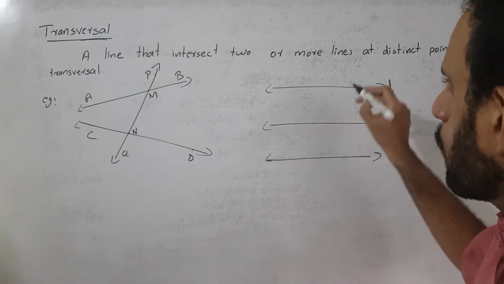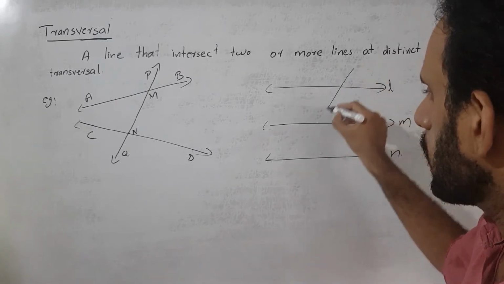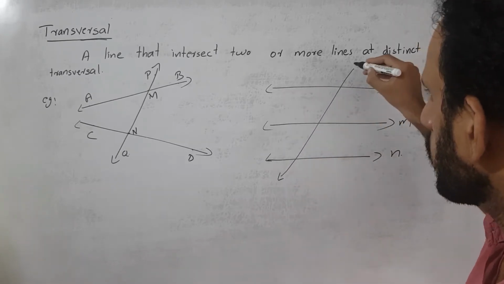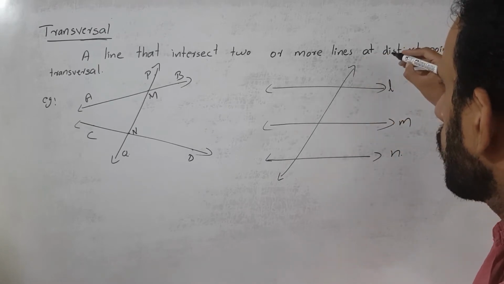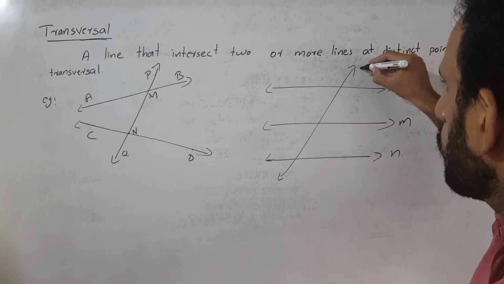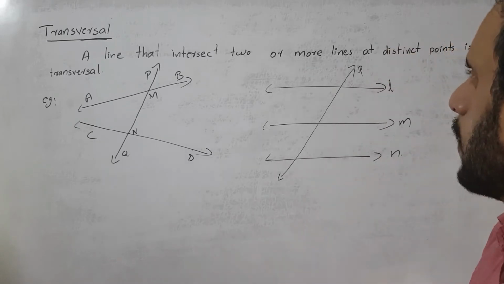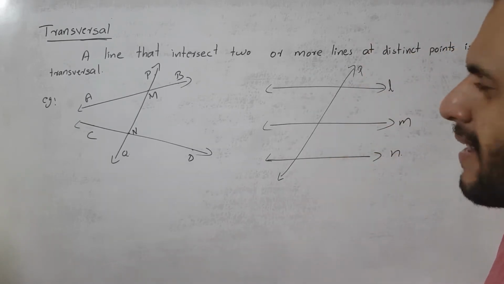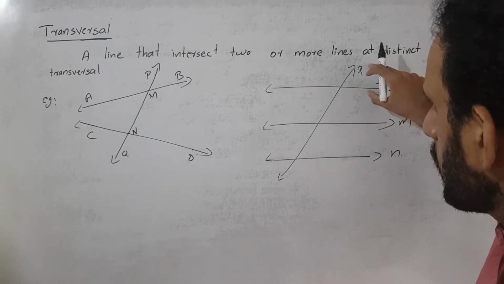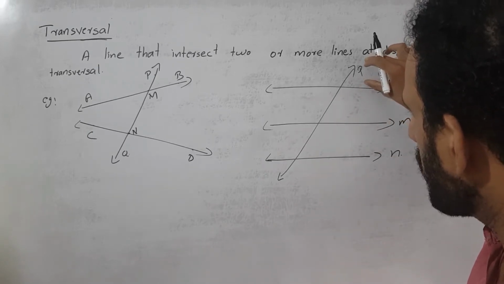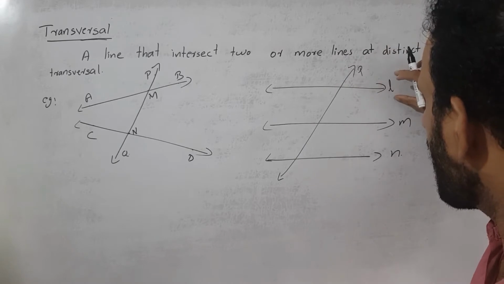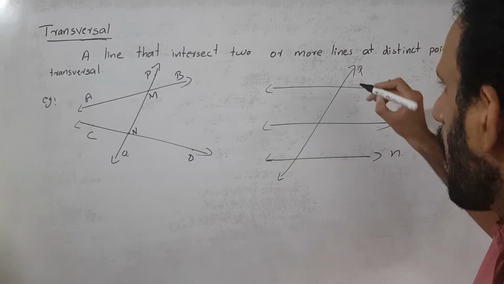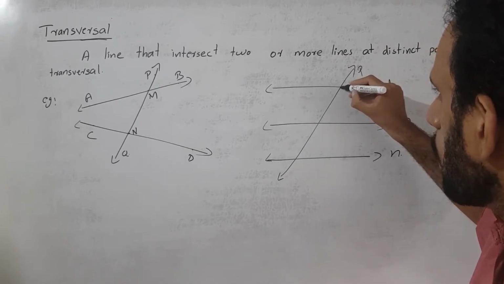Okay, and we cut these lines by another one, P. Okay, then we cut these three lines by another line, P. Then the line P intersects the lines l, m and n at distinct points.